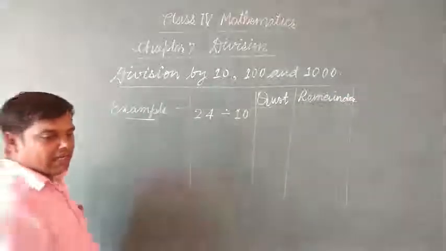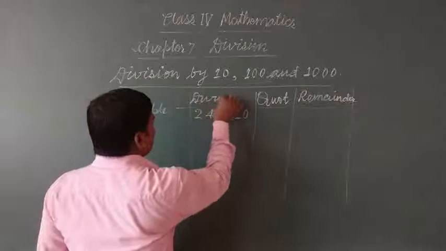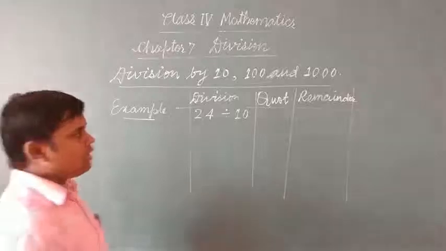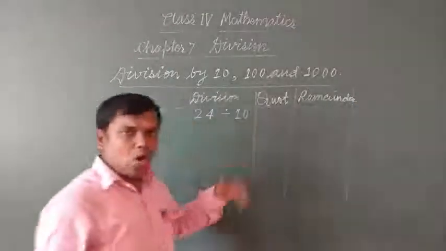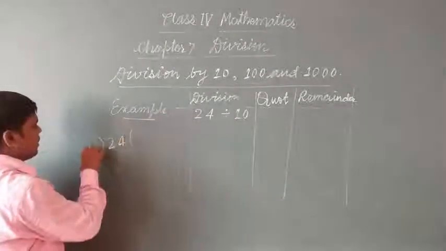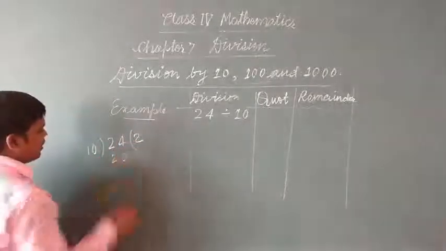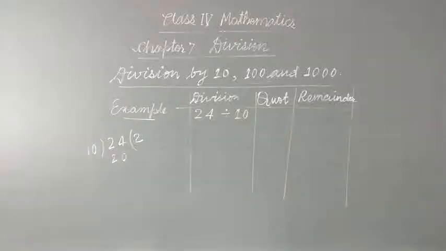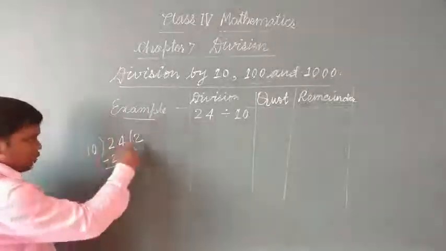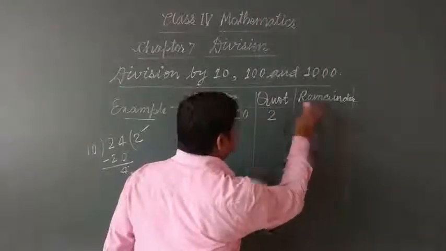First I am going to divide outside to make you understand, and thereafter I will tell how you directly write the quotient and remainder in this case. 24 is divided by 10. When you divide, you will divide it 2 times. 10 twos are 20. You will subtract it, then you will get 4. Means you have your quotient 2 and remainder 4. So you can directly write quotient 2, remainder 4.